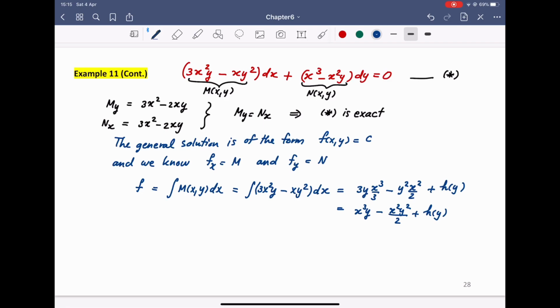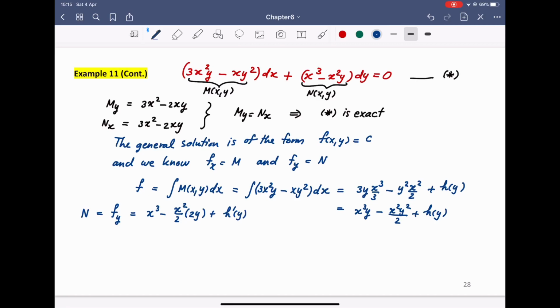If I differentiate f with respect to y, I should get back to N. So f sub y is, differentiate this function that I circled here with respect to y, so I have x cubed minus x squared over 2. This is constant, and then times 2y. Alright, and then plus h prime of y.